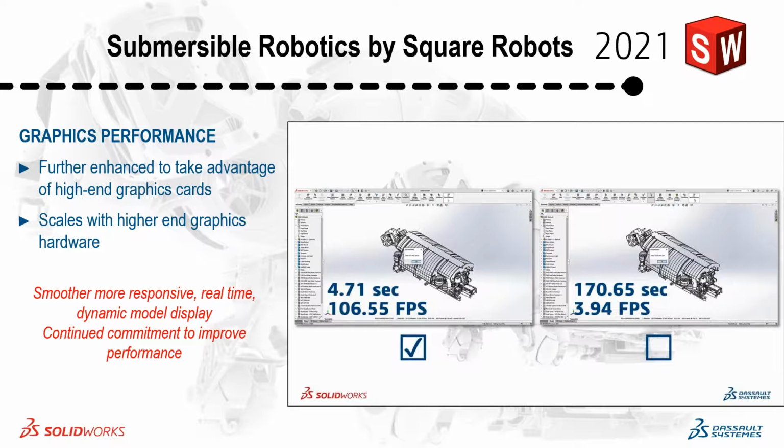That's less than 1 increment, and the time it took is more than 100 seconds. So this is a huge accomplishment in SolidWorks 2021. Now you will have a smoother response and more responsive maneuvering. You can interrogate your models even quicker, with a real-time and more dynamic model display.